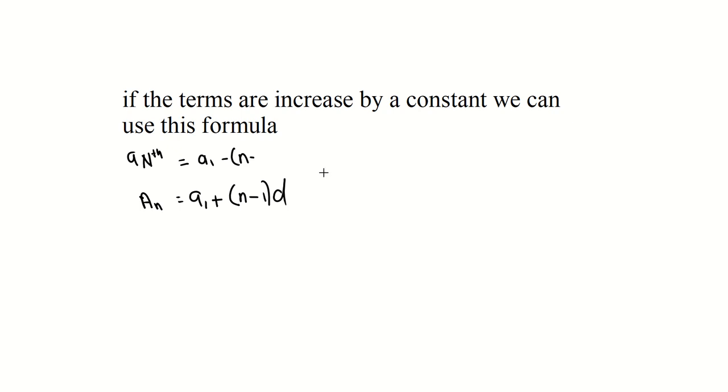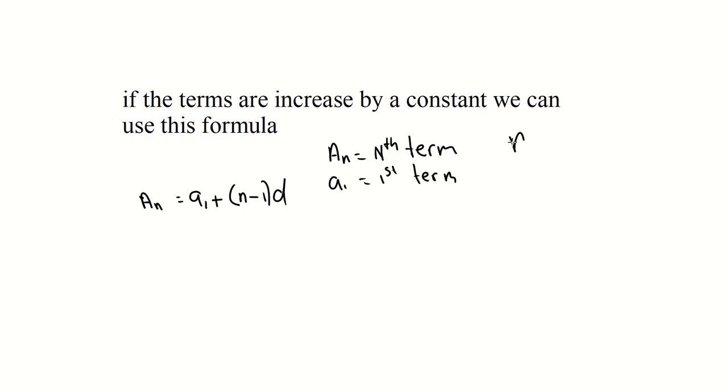So what we have to recognize in this formula is certain things, right? One of the things is, what is an? An is your nth term. So you can look at whatever term, whether it's your first, second, third, fourth, fifth. A1 is your first term. How do I know it is my first term?